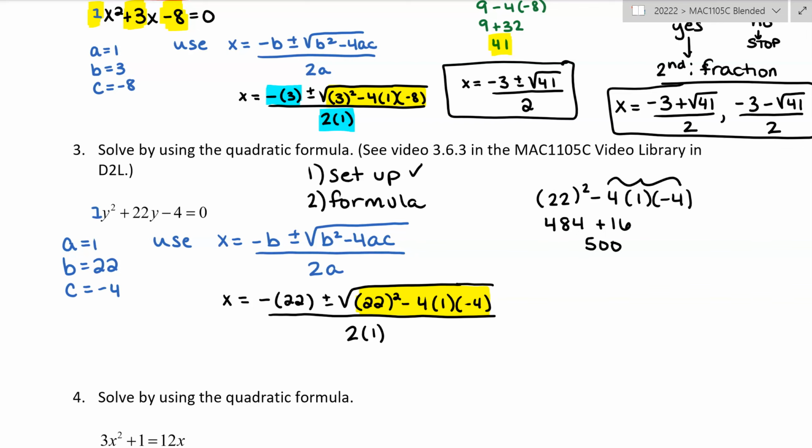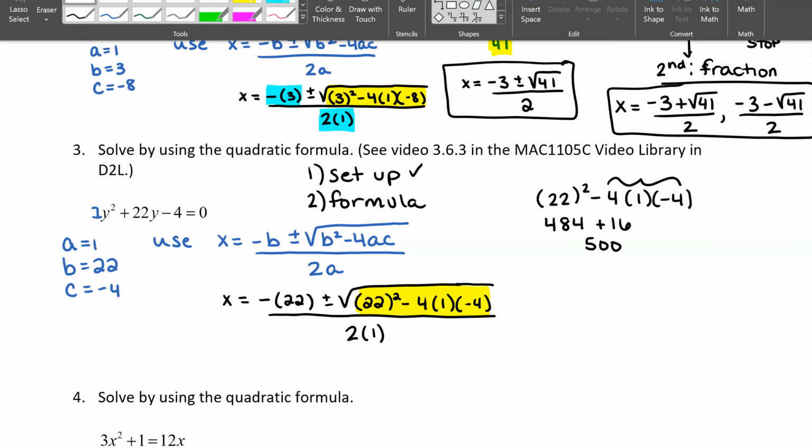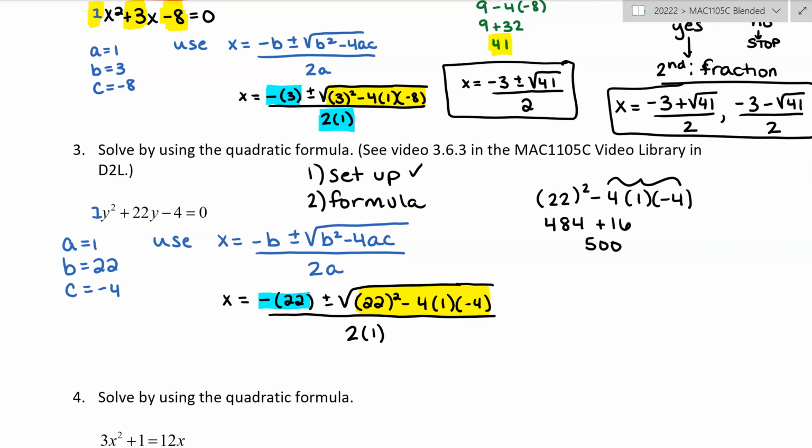So I'm going to do the other little math. The negative times 22 and the 2 times 1 while I replace my radical. So I have -22 plus or minus the square root of 500, all over 2. The square root's kind of long here. Let me erase some of it.